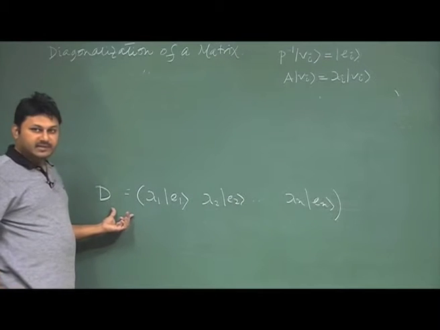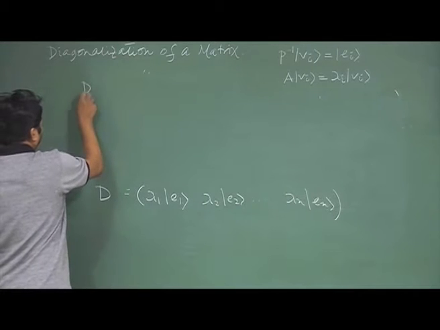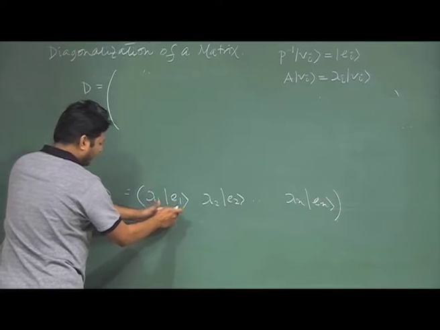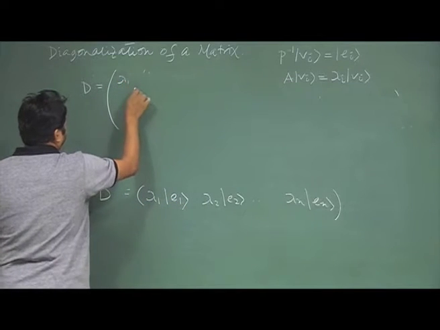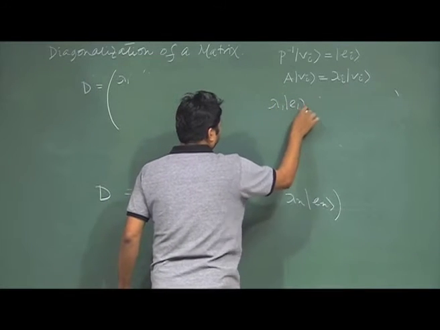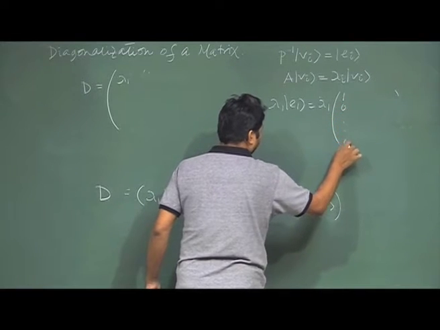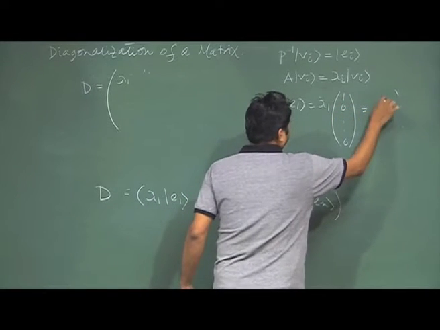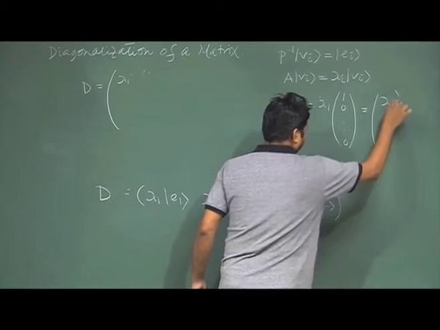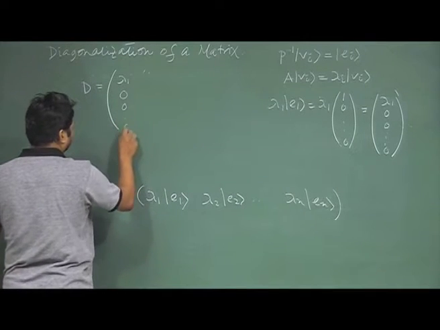So I get the D matrix like this, I just replace Ei with the matrix form. So what will be lambda i multiplied by Ei? Let me write it here first, lambda 1 E1 is how much? Lambda is a constant multiplied by 1 0 0 0 0. So it will be simply lambda 1 0 0 0 0, and the rest is 0 0 0.